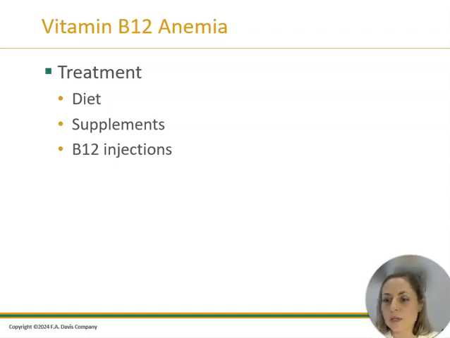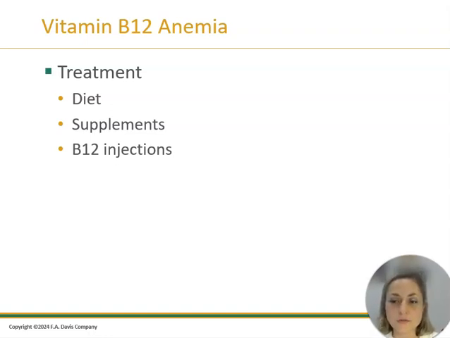Somebody can take oral supplements of B12, but if they're lacking that intrinsic factor because of scarring or because of removal of small intestine or stomach tissue, it doesn't matter if we give them oral supplements. They're not able to absorb it, so they're probably going to need B12 injections.